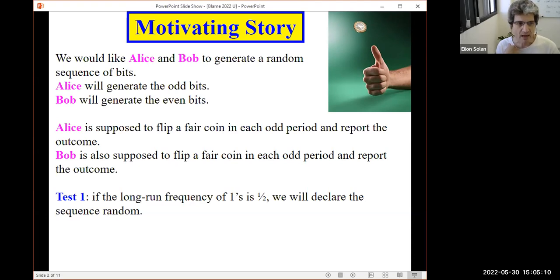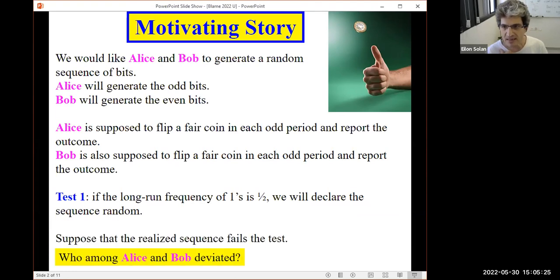Now, suppose that we did this experiment. Alice and Bob flipped their coins, and they maybe or maybe not reported the outcomes truthfully, and we got an infinite sequence. Suppose that the realized sequence fails the test, so the long run frequency is not 1/2. Then with probability 1, at least one of them deviated.